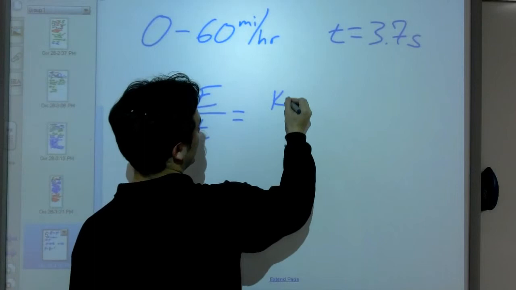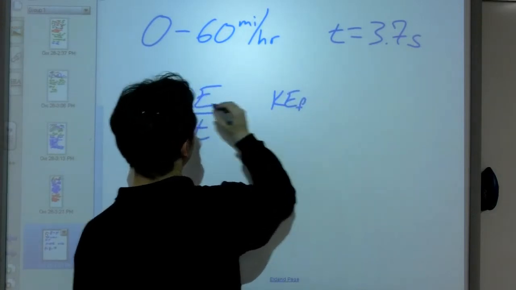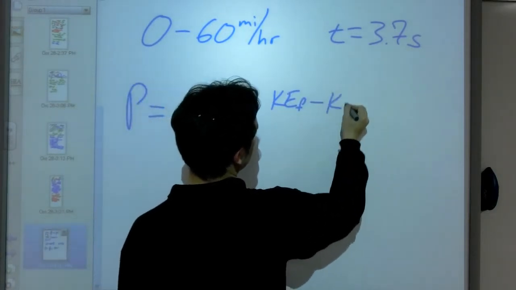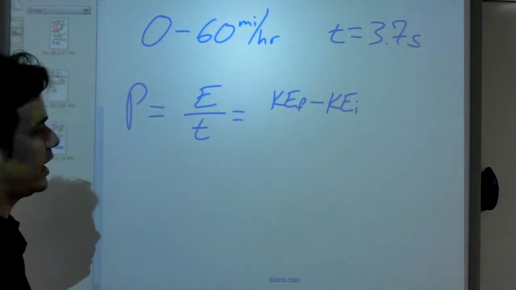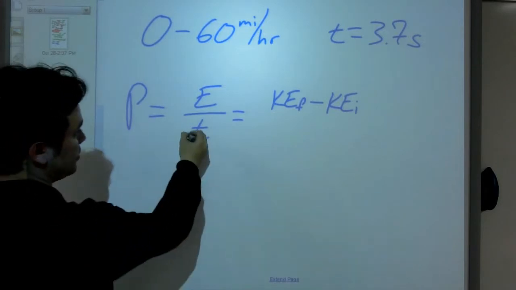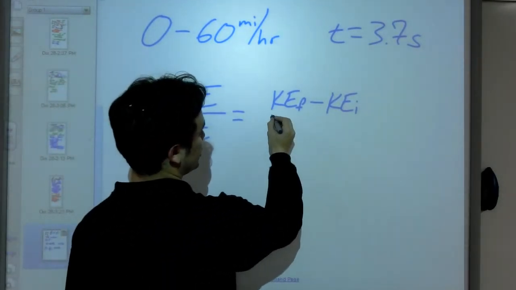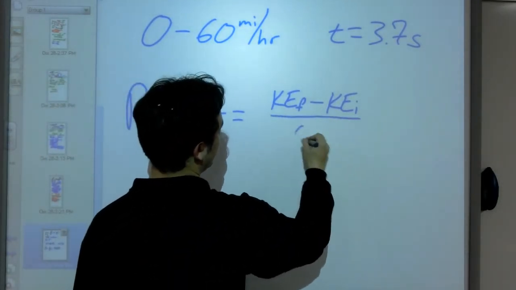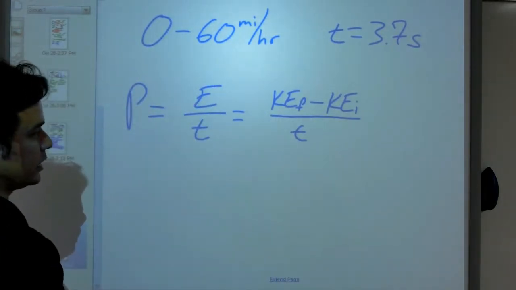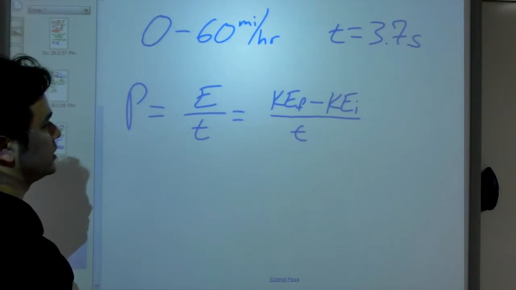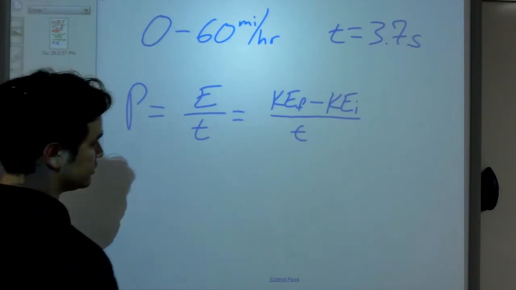And so we have kinetic energy final minus kinetic energy initial. Basically how much kinetic energy it has at the beginning of the time period versus the kinetic energy that it has at the end. We're going to divide that by the total time it takes. That should give us at least the power that's going into the velocity or the kinetic energy for this vehicle.